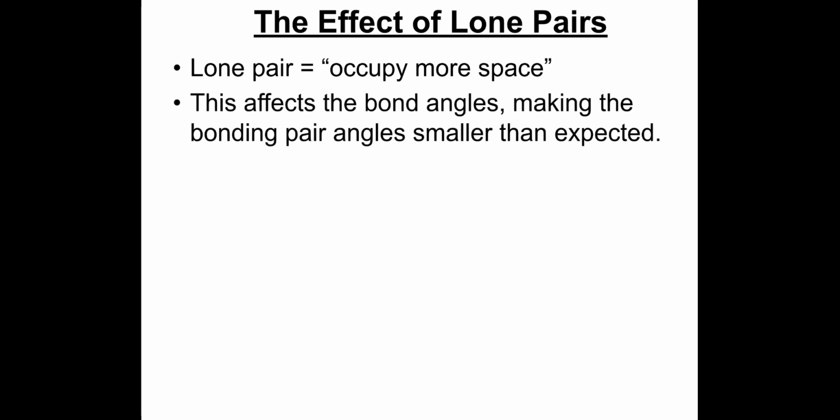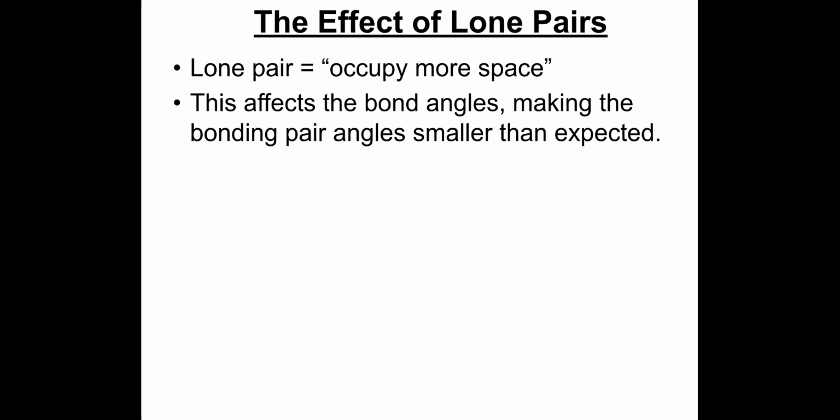So this is going to affect the bond angles, right? So if you have a lone pair that wants more space compared to a bonding pair, like a pair of bonded electrons, that's going to push more against the bonding electron groups, right?